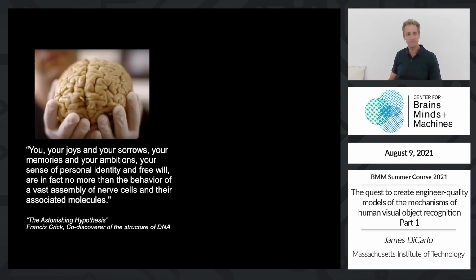Now, many people today still find this quote quite jarring and astonishing, because they think of the mind as something that's separated from the mechanisms of the brain. That's why they find it astonishing. But neuroscientists and cognitive scientists take it for granted that this, of course, is true. It's a founding hypothesis of our field, that somehow those mechanisms of neurons and neural networks and synapses are what enables things that are astonishing, like perception and emotion and free will and all of that.